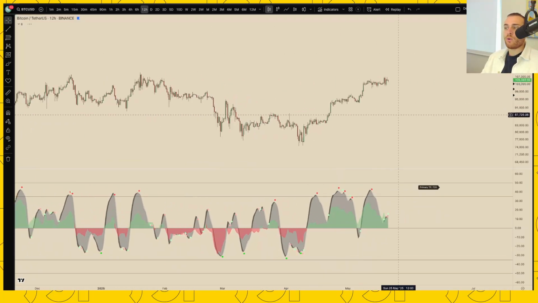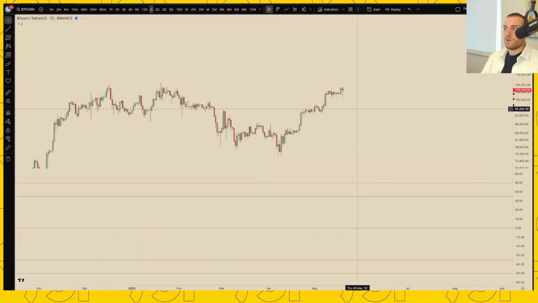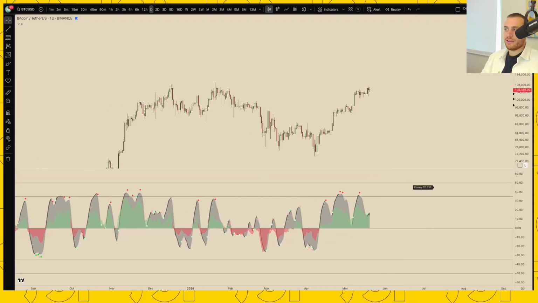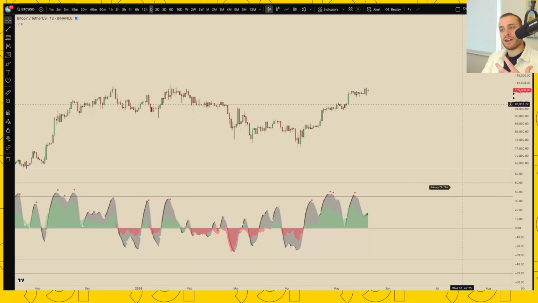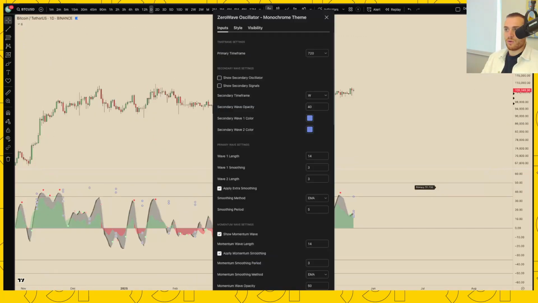But now we're going to talk about one feature that is incredibly important to understand, which is not just the multi-time frame analysis, but it's the multi-time frame dual time frame analysis. So right now we are looking at the daily candles. Let's actually just open up our settings here. You can either do it by double clicking or just going up here where you'll see it.